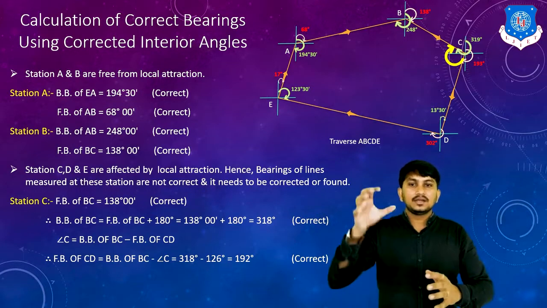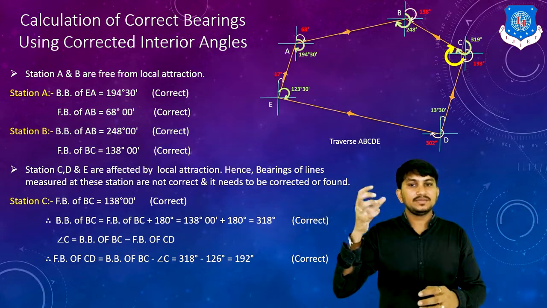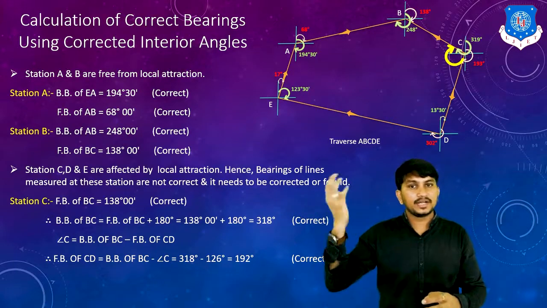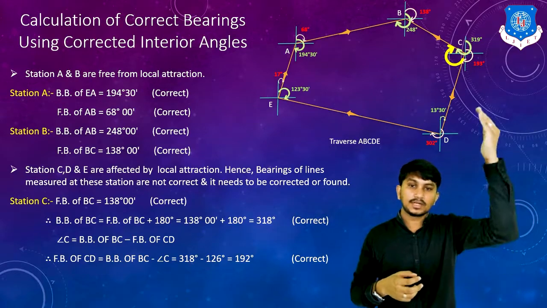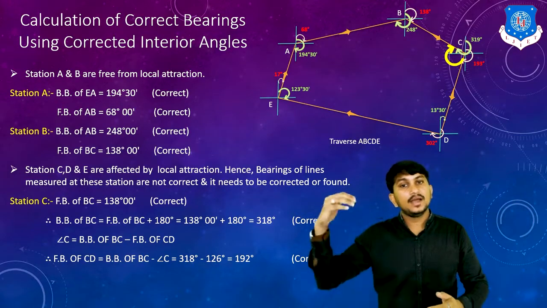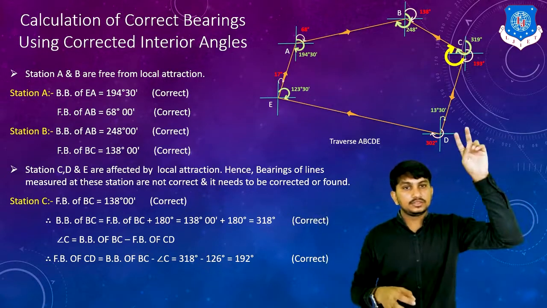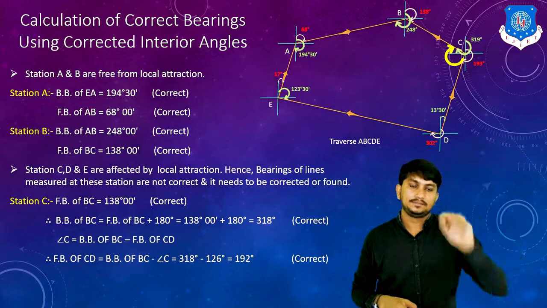So using this corrected angle C and the corrected BB of BC, we can find out the correct FB of CD. This is how we can find out the readings at station C.